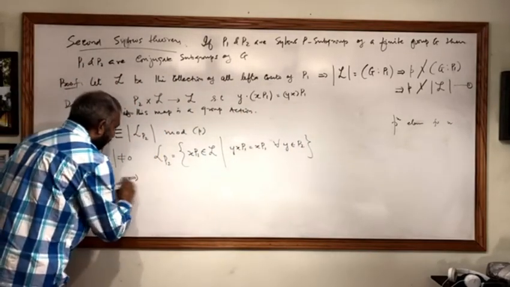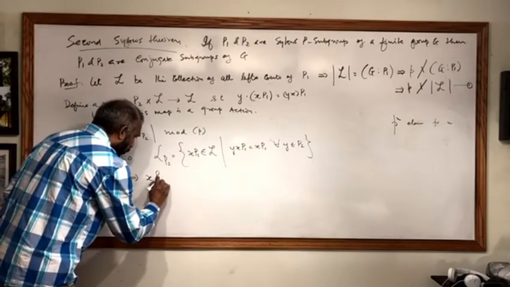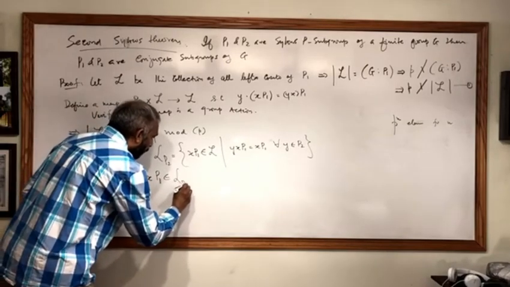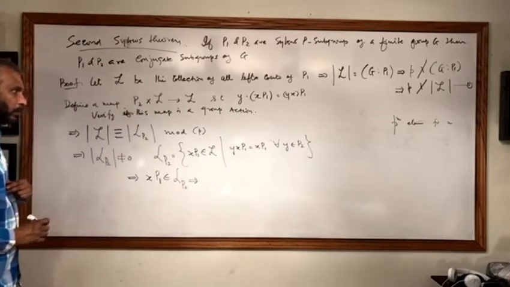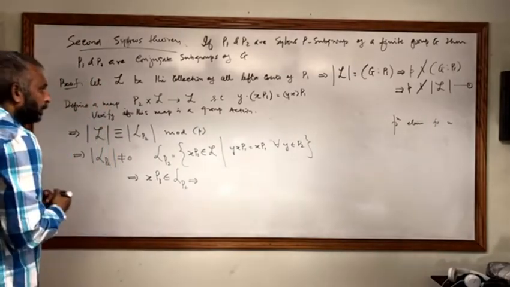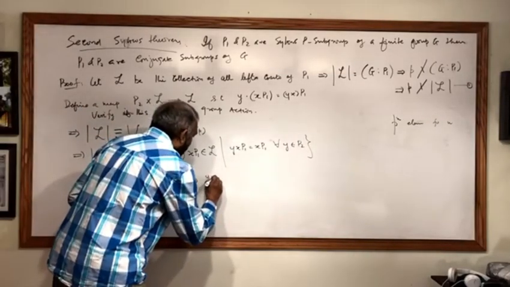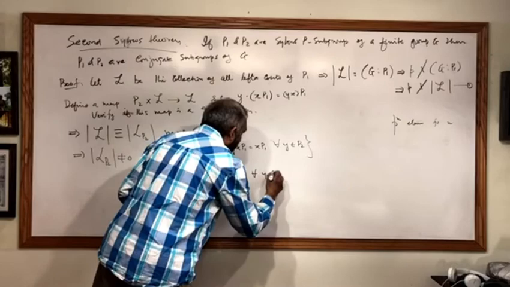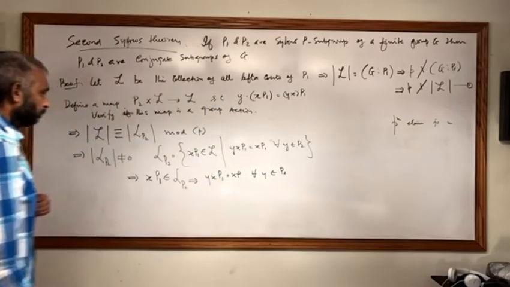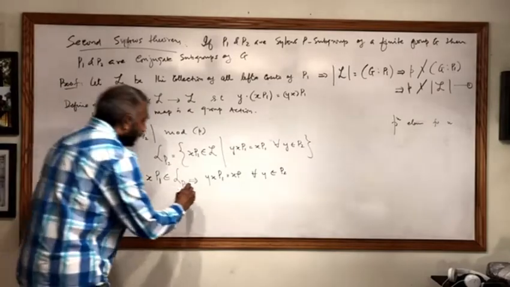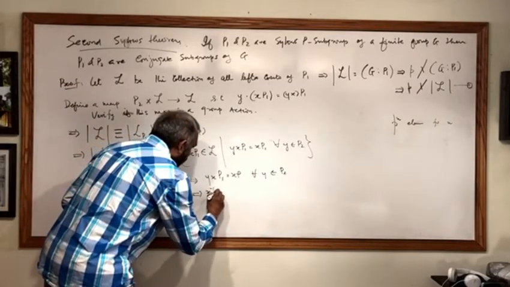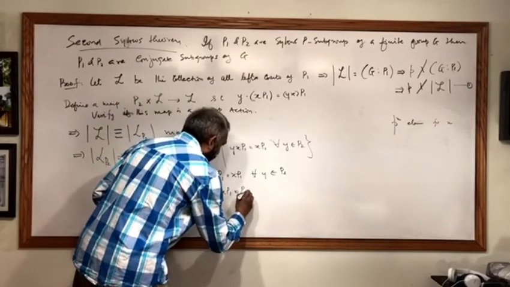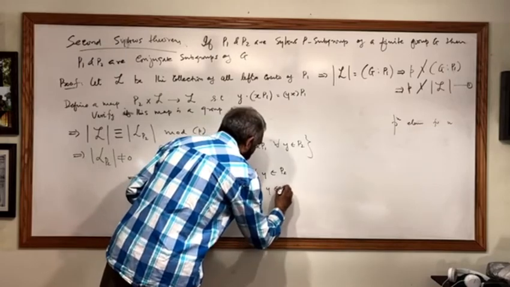And that implies x P1 belongs to L_P2 implies yx P1 is equal to x P1 for all y in P2. And that implies x inverse y x P1 is equal to P1 for all y belongs to P2.